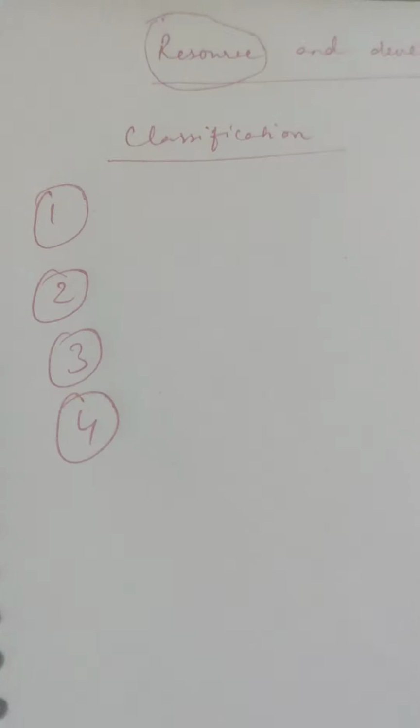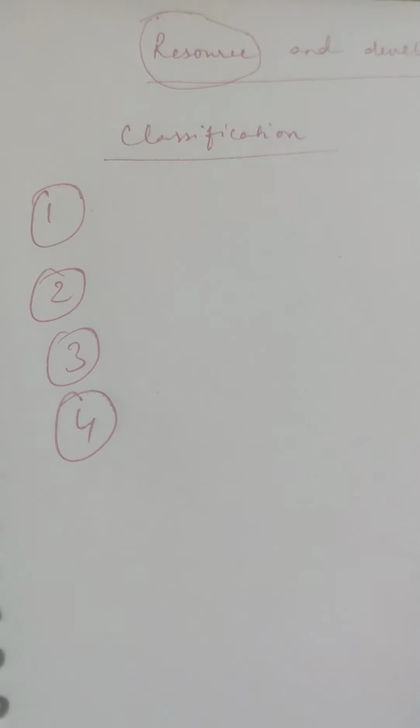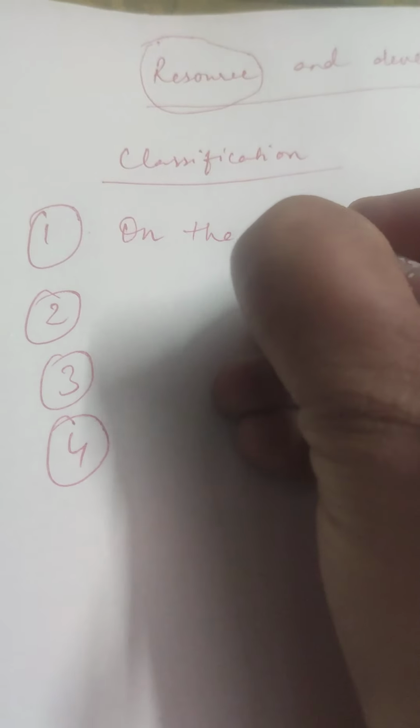There are four criteria: 1, 2, 3, 4. I'll explain each and every criteria to you. The first criteria for classification of resource is on the basis of origin.